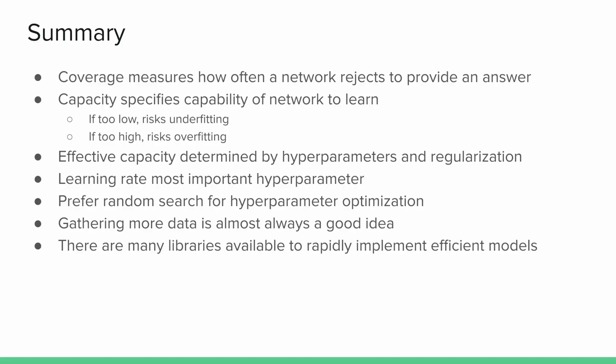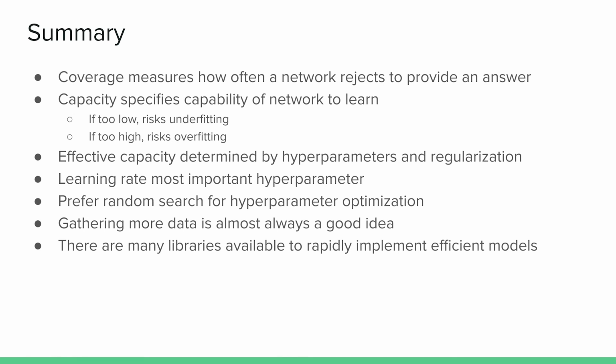Let's sum up what we've talked about this week. I hope those are some really interesting and helpful hints to you when you're training your neural networks and when you're starting on your second exercise. So let's repeat. The coverage is the measurement of how often the network rejects to provide an answer. The capacity specifies the capability of our network to learn arbitrary functions.